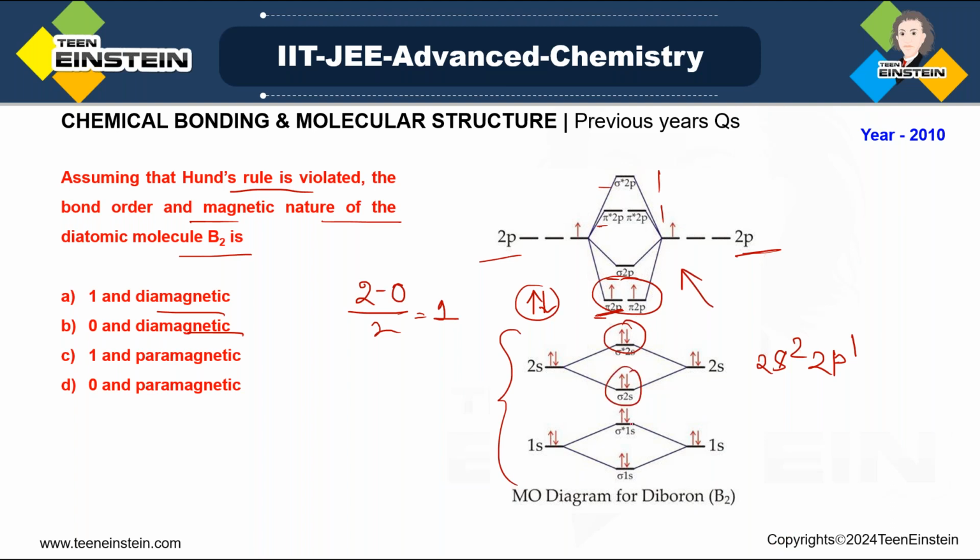Sigma star 2 electrons cancelled by this. Sigma star 1 is cancelled by sigma 1. So when calculating bond order, as fully filled orbitals, even if you do not count, it doesn't matter. So for simplification, I have considered only the bonding orbital in 2p. Bonding electrons in 2p, which is 2. No anti-bonding electrons, 0. 2 by 2 is 1. So 1 and diamagnetic, this should be the correct option.